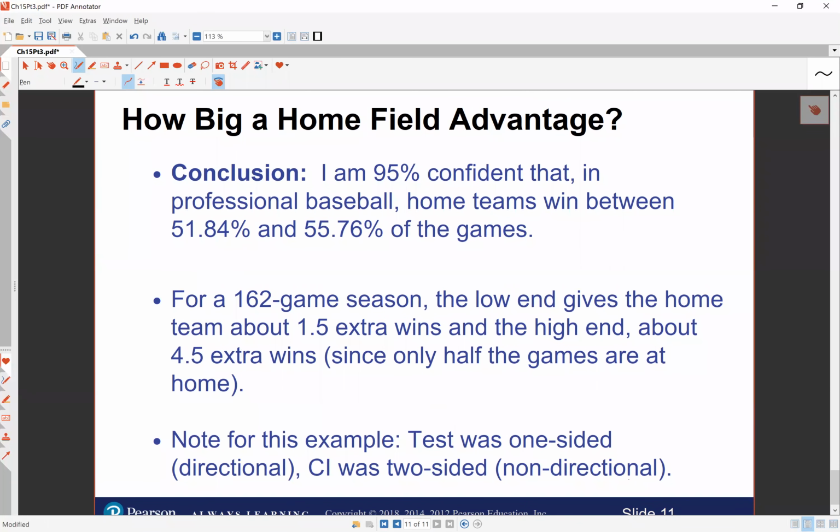Now, practically, how big is this? A standard season is 162 games for a team. Half of those they will play at home. The confidence interval therefore says they can expect somewhere between 1.5 and 4.5 extra wins associated with the 81 games they are playing at home.